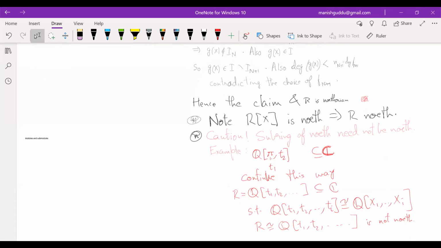You can do it algebraically as well, but that requires a little more work, so I don't want to get into that. Once you do field theory, you will realize that you can find a countable non-Noetherian ring as well. Okay, any other questions or comments?